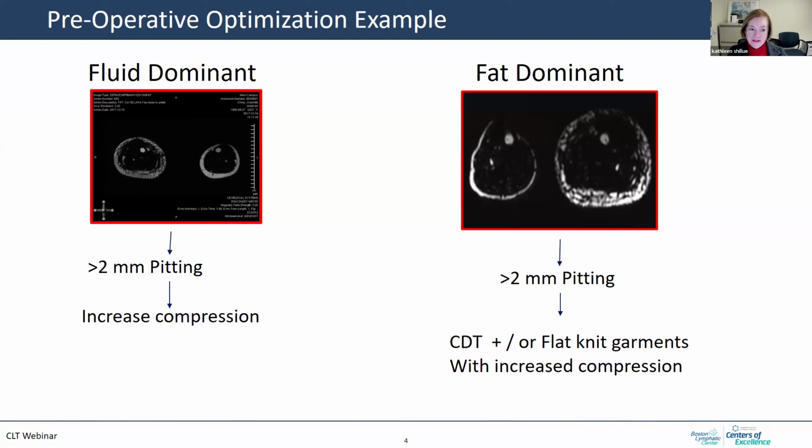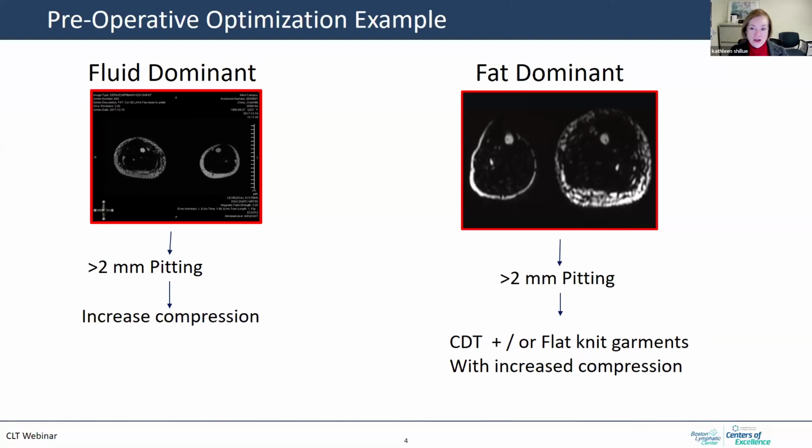If somebody is fluid dominant and they have more than 2 millimeters of pitting, we really want to increase their compression. Now, if I hear from the radiologist that they have a moderate amount of fluid in the lower leg and minimal fluid in the thigh, then we might take a more aggressive approach in adding compression in the lower leg, maybe not as aggressive in the thigh.